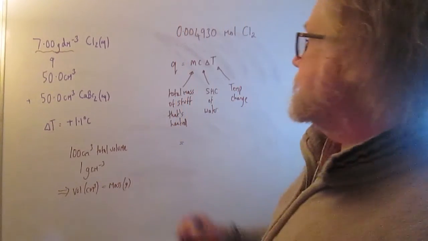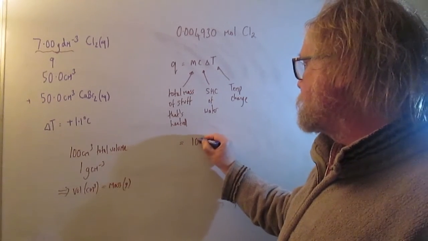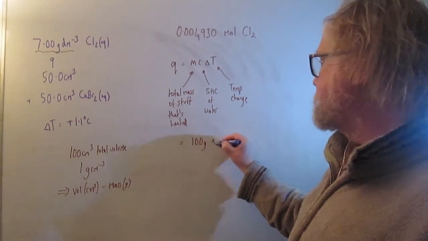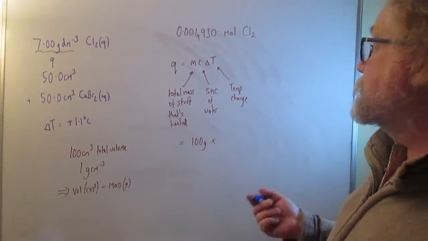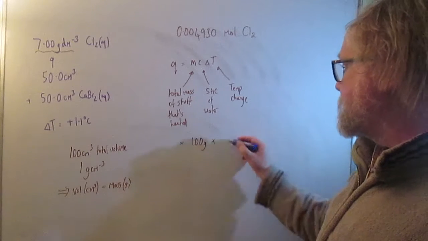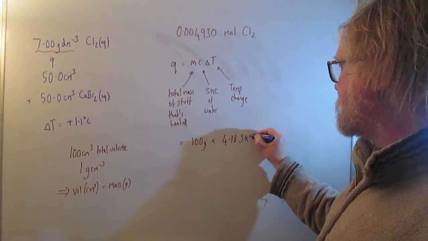Okay, so that's the key. So because we know we have 100 cm cubed altogether, m will be 100 grams. c is the specific heat capacity of water, which comes from your data sheet and is 4.18 joules per Kelvin per gram.